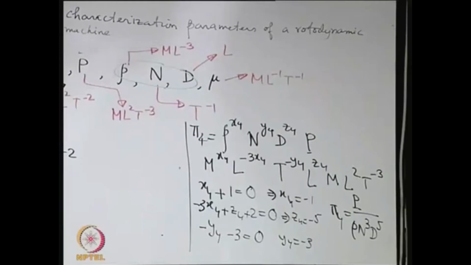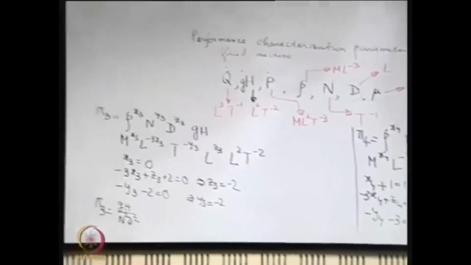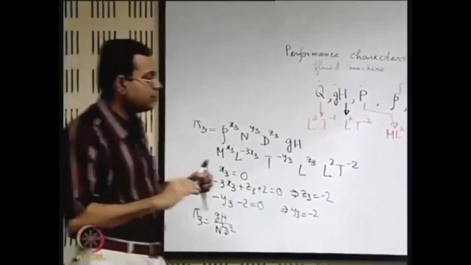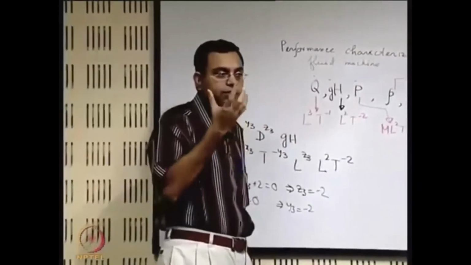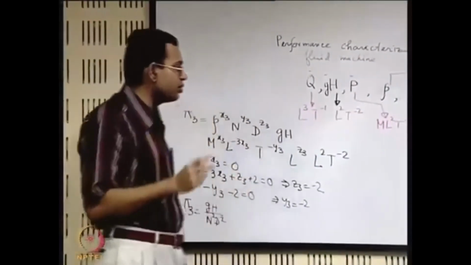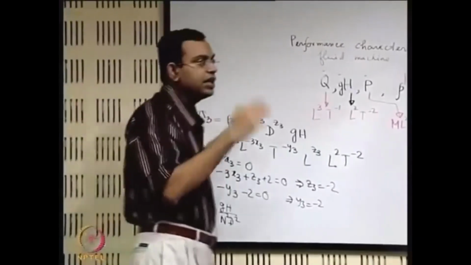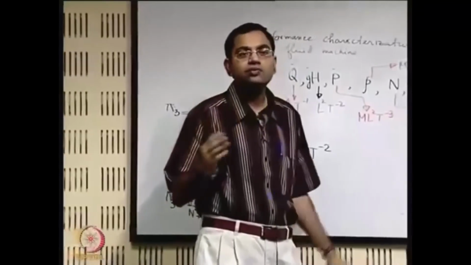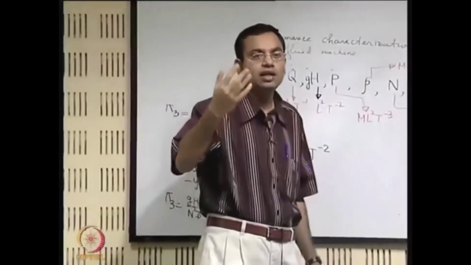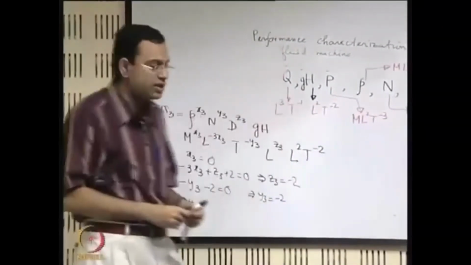So, if you have geometrically similar machines and they are also kinematically similar and also dynamically similar, so if you take all sorts of similarities into account, you call them machines of a homologous series, basically similar types of machines in all respects. Then for those, pi 2, pi 3 and pi 4 must be the same, that is they should not change from one machine to the other if they are of the same homologous type.